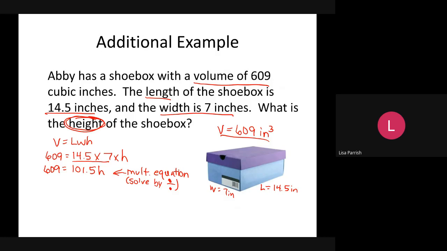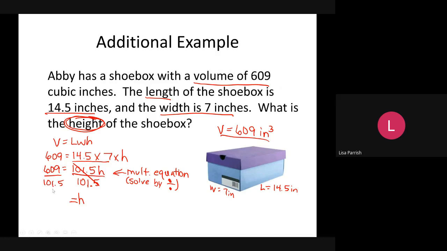So just make that note for yourself. If you're afraid you'll forget that, jot that down. Help yourself. So we're going to divide both sides by whatever number is attached to the variable. In this case, 101.5. That cancels out. And in my calculator, I'm going to type it in from top to bottom.